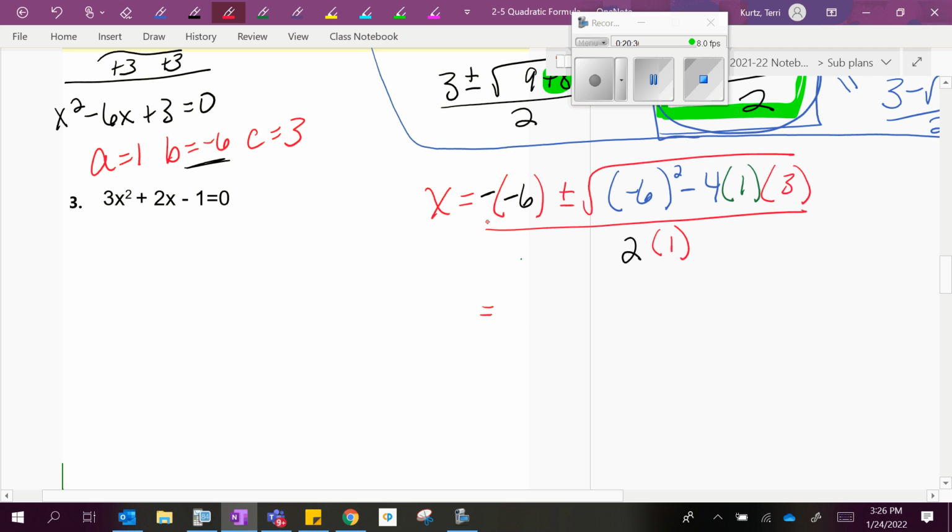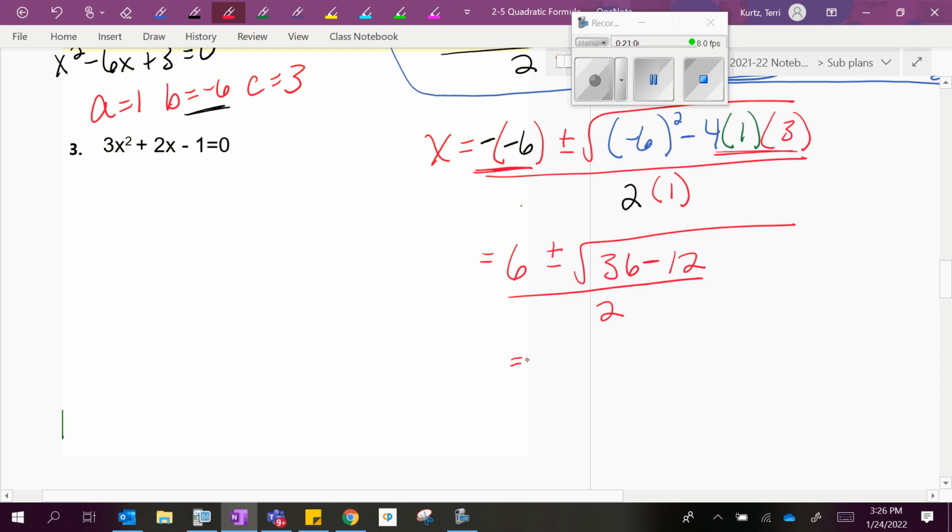Now I simplify. Negative 6 becomes a positive 6, plus or minus negative 6 squared, again, is going to be positive 36, minus, now I get a 4 times 3 is 12, so 36 minus 12, all over 2. I keep going, I get 6 plus or minus 36 minus 12 is 24 over 2.